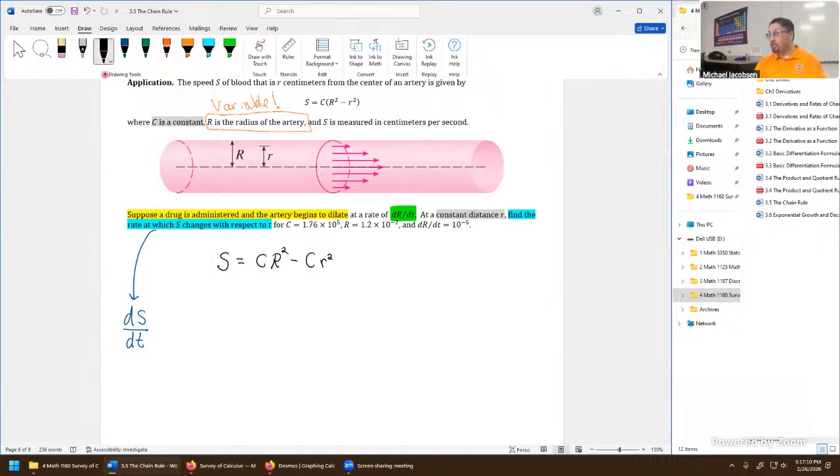So when we go to differentiate ds/dt, what we get in Leibniz notation is ds/dr, the derivative of the outer function. But that r, the radius of the blood vessel, is dilating with respect to time, so we have to multiply that by dr/dt.